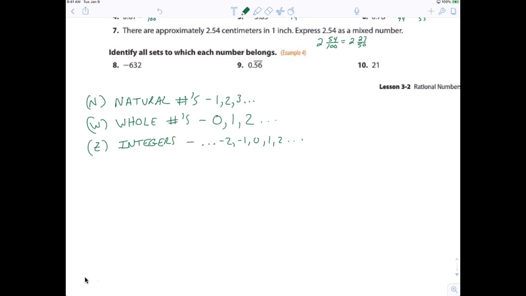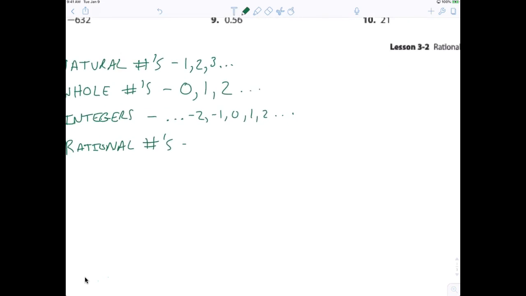Now, after integers, there are rational numbers. For rational numbers, I want everybody to write down the definition: any number that can be written as a fraction.